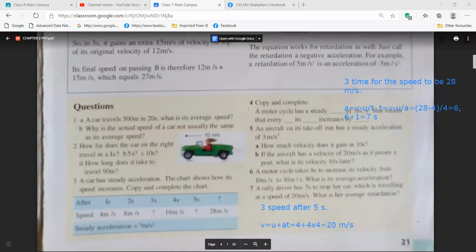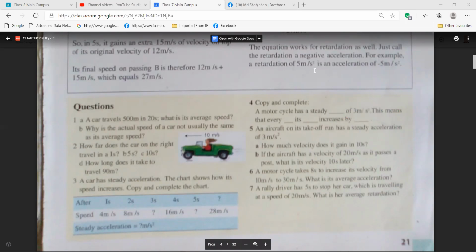Now, question 4. What is the answer of question 4? Steady acceleration of 3 meter per second square, right? So how do you understand it is acceleration?